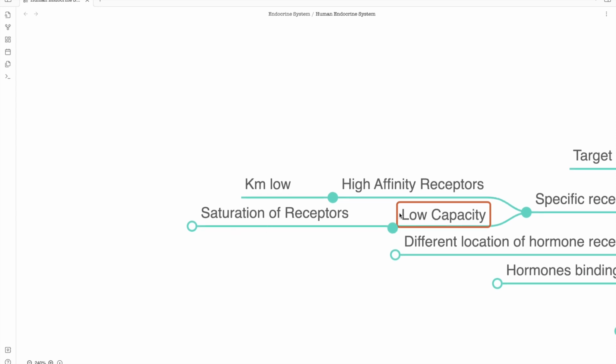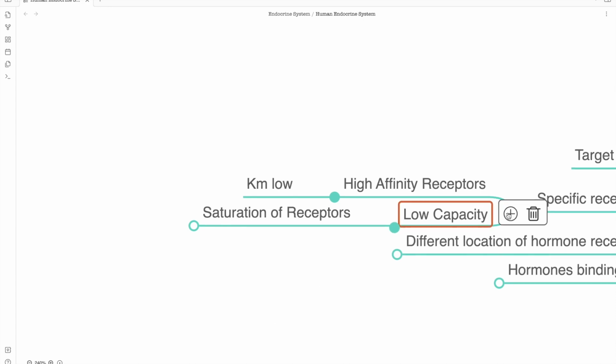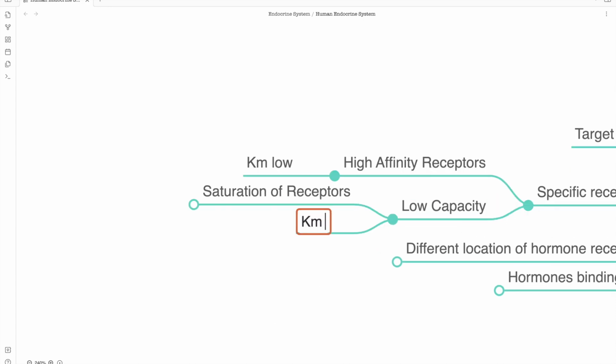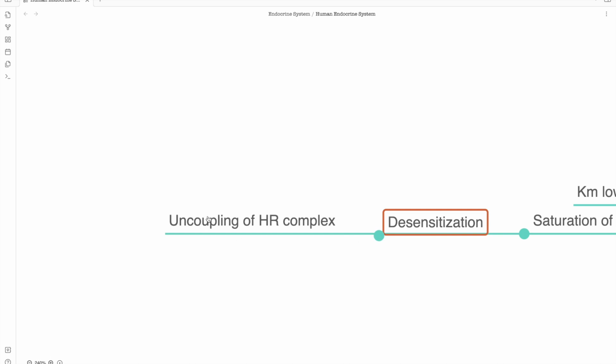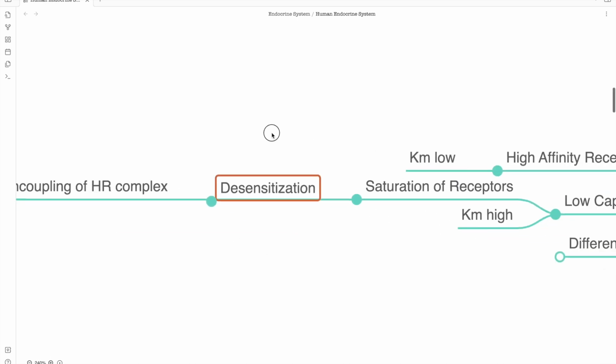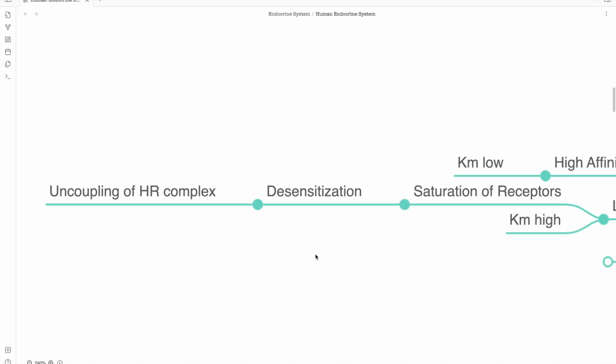So they will get saturated too early. So there is a saturation of the receptor, and we now know that saturation of the receptor leads to desensitization and the uncoupling of the HR complex. That means the hormone receptor complex. So if the hormone receptor complex gets uncoupled, that means the hormone is having no further effect, right? So that is the thing.